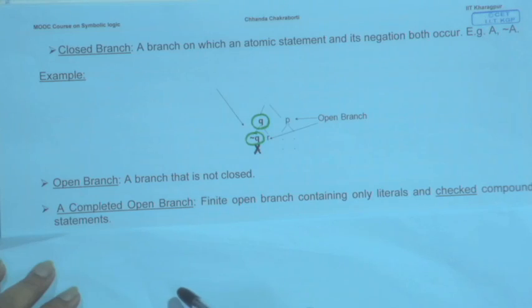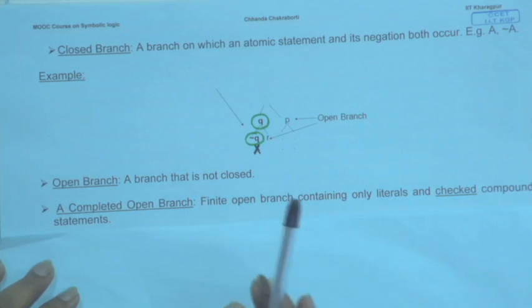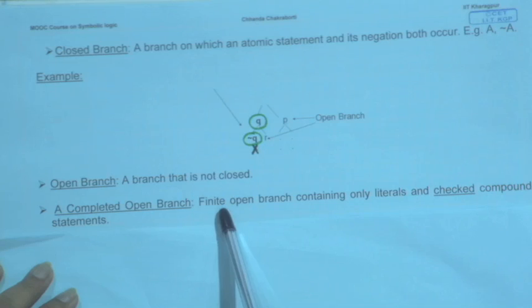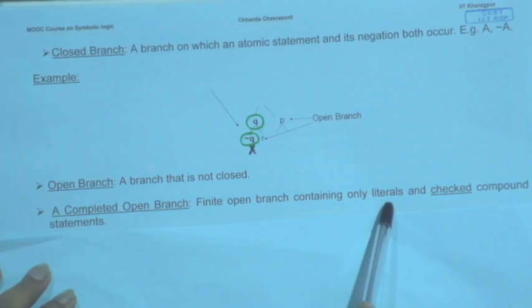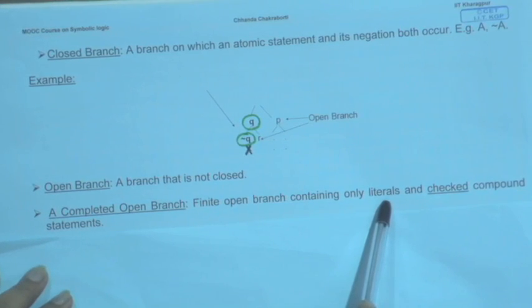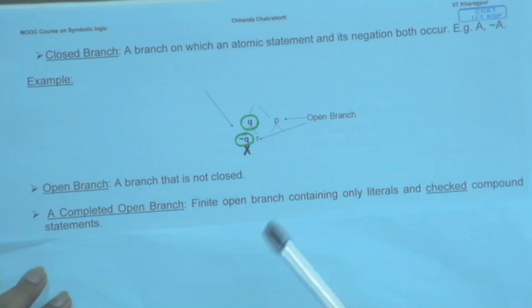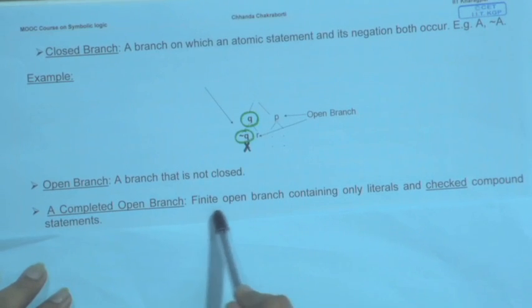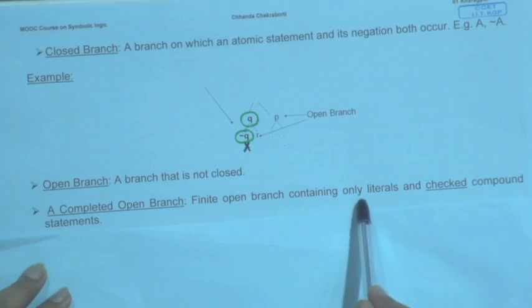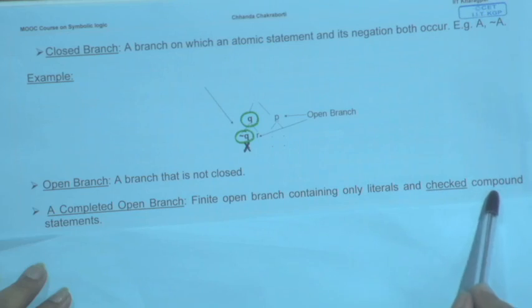But a completed open branch, and let us take it in, what is that? A branch in which all decompositions have been finished. How do we know that? Because it contains only literals. Remember, the decomposition stops when you have come down to the level of literals. So, if this is an open branch which contains only literals and whatever compound statements are there, those are all checked, as in ticked.